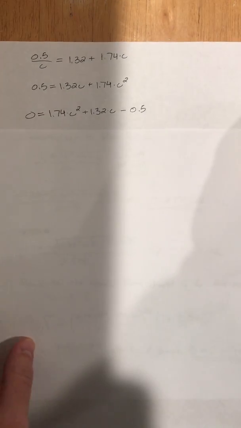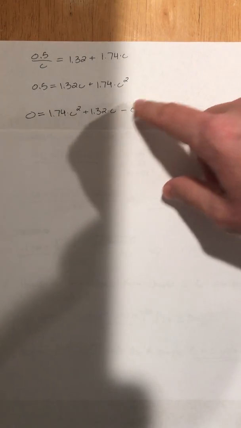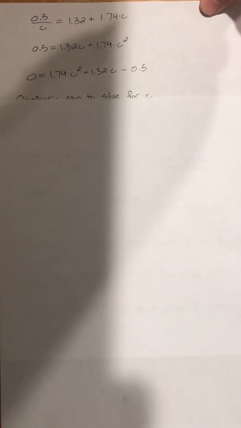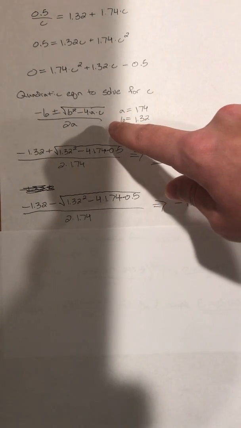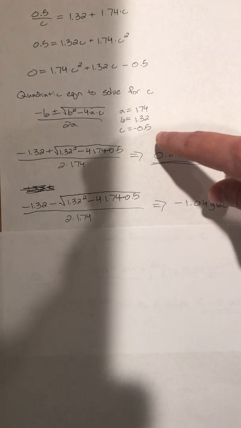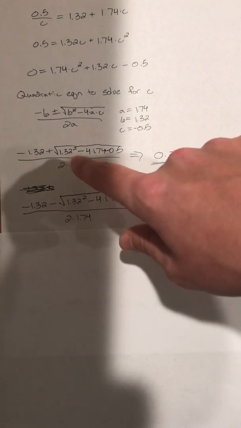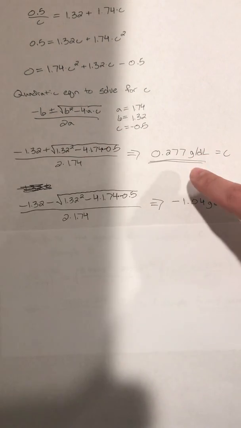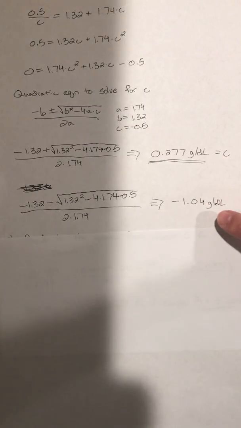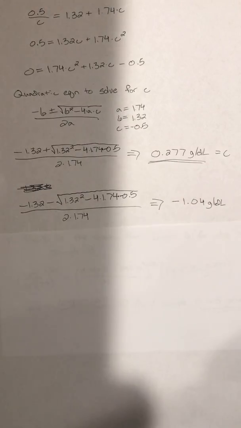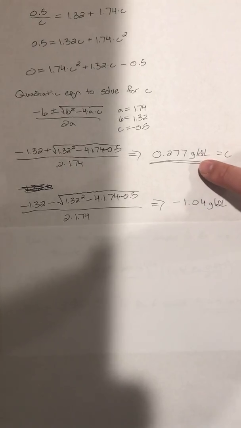You simplify to get C, but it's kind of a polynomial, so I use the quadratic equation to solve for C. This is the quadratic equation here with values of A, B, and C. For the plus side you get a value of 0.277 grams per deciliter, and for the negative you get negative 0.04, but you can't have a negative concentration, so we're going to use the 0.277.